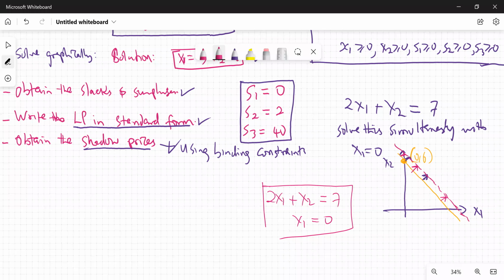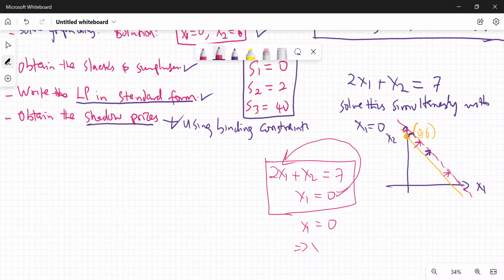Already we are having this part. So when x1 is equal to 0, we substitute it here. It means that x2 is equal to 7. So this is like our new optimal solution.